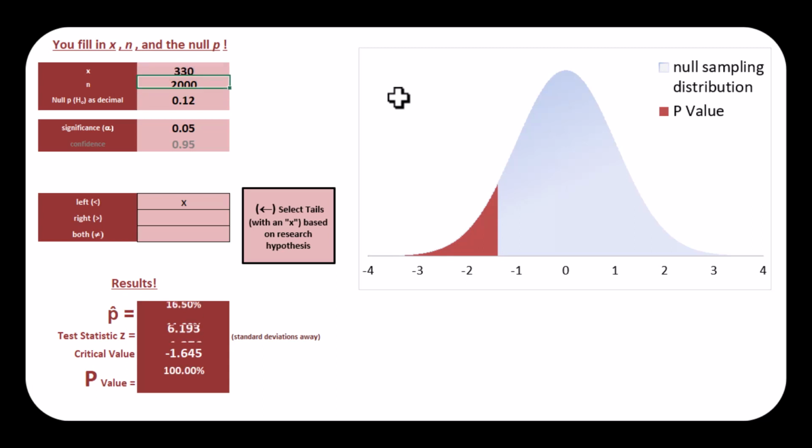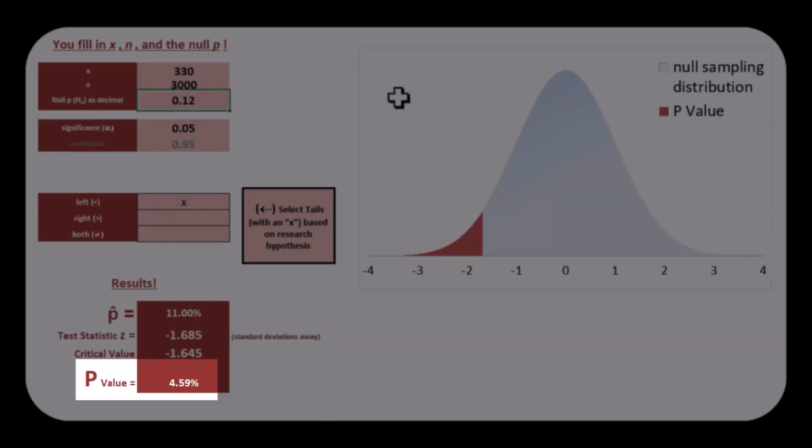How about 330 out of 3,000? Look at that. Still 11%. But now that 1% difference between the vaccine flu rate and the non-vaccinated flu rate is statistically significant.